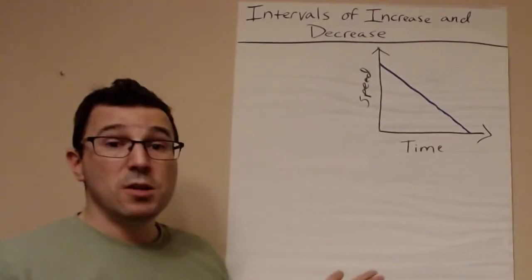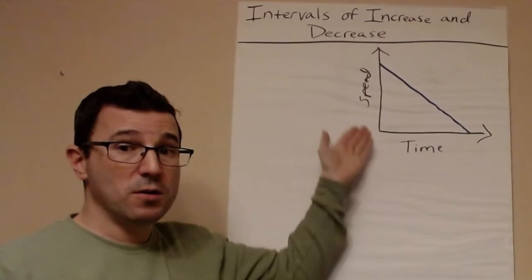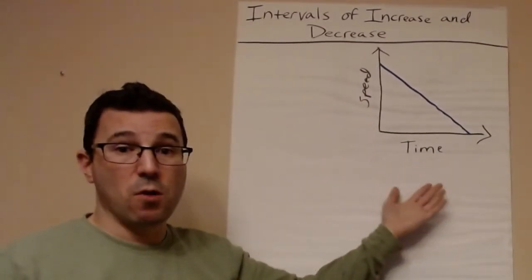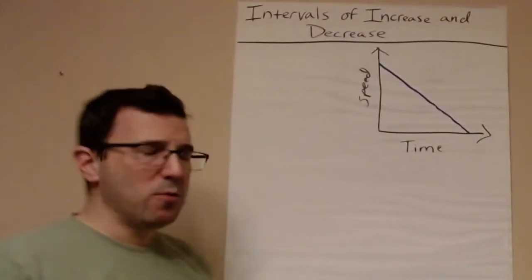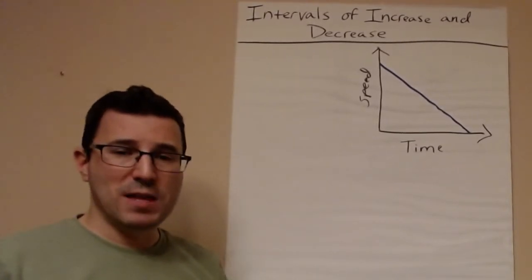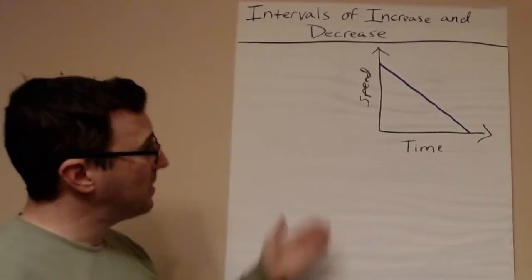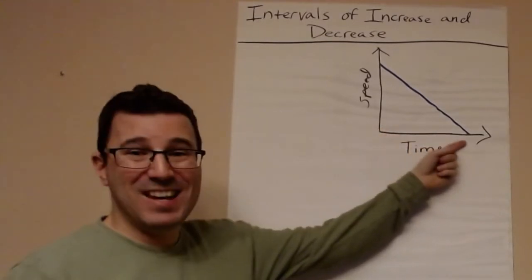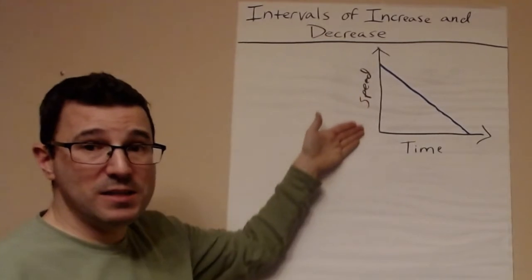Even the description in this case is just speed for our dependent or y-axis and time for our independent or x-axis. So basically what we're going to do is look and see, what's the relationship between these two things? What we can say in this case is I notice that as time is increasing, the speed is decreasing.